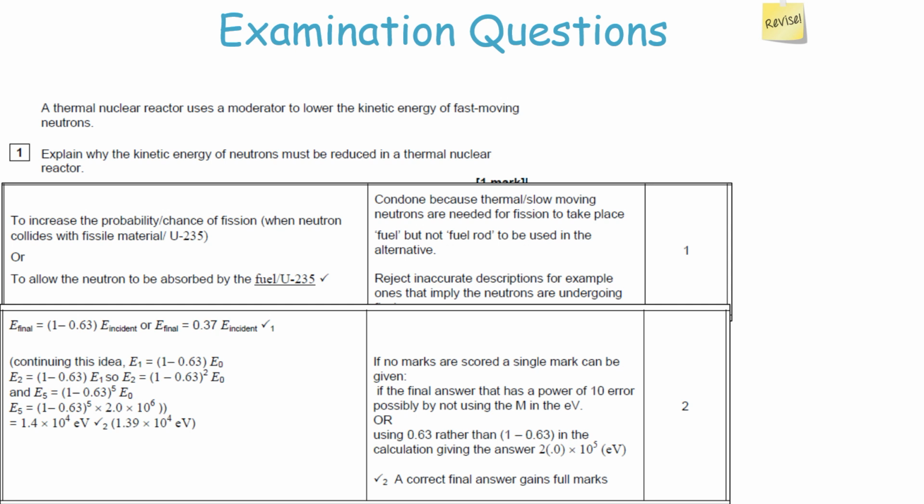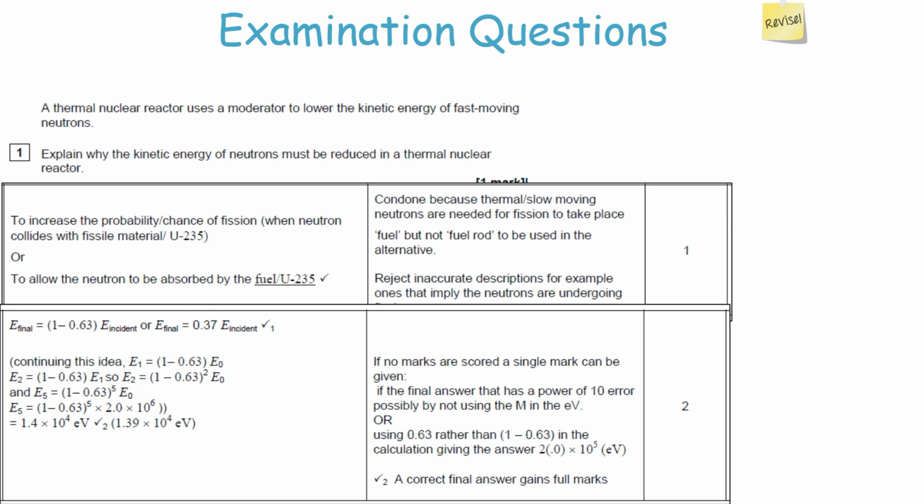So what you've got to do is, because it's happening 5 times, you would do 1 minus 0.63, or 0.37, and then raise it to the power of 5, because you're working out 37% each time, and there are 5 collisions. So you do 0.37 to the power of 5 times that initial energy. It's important that, because we're going to be working in eV here to get our final answer, you've got to convert your MeV into eV.